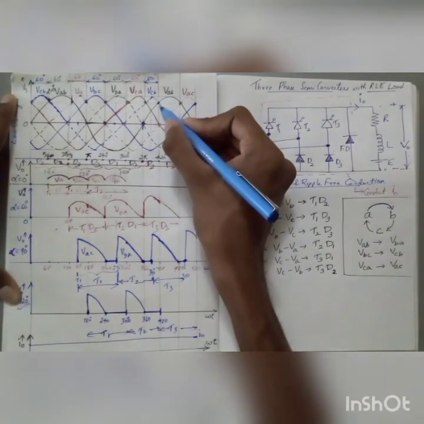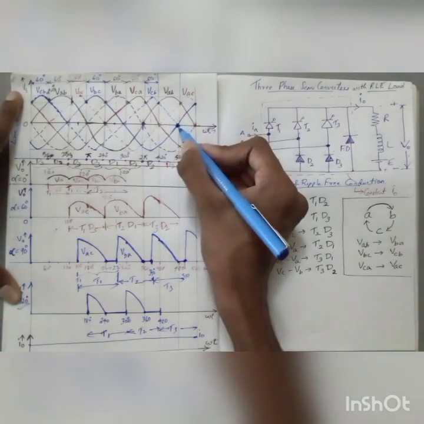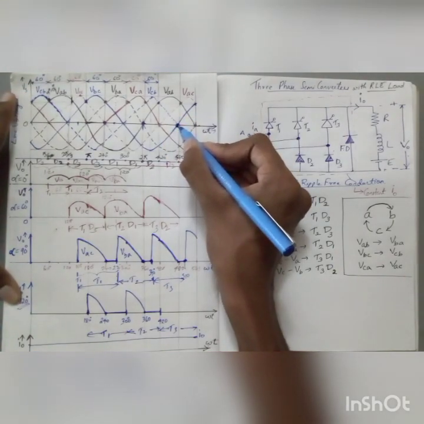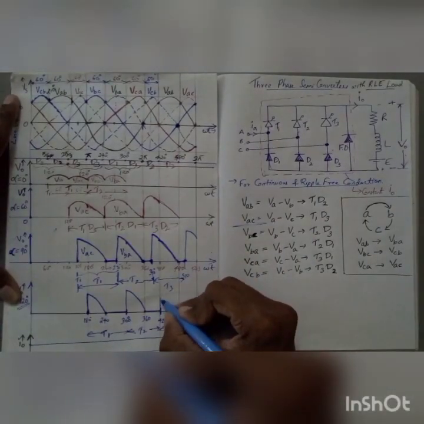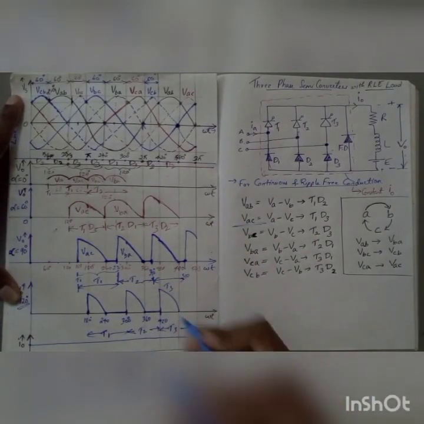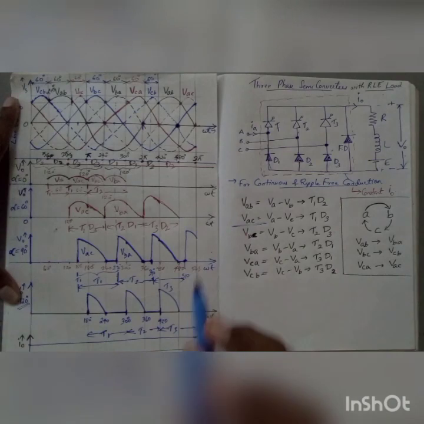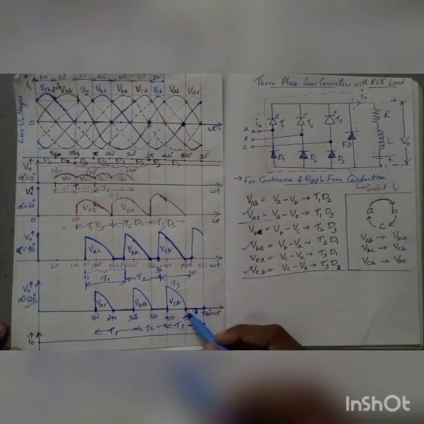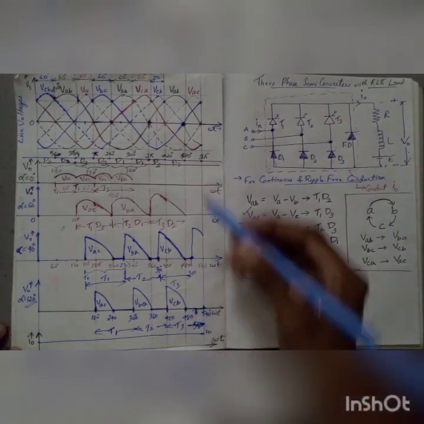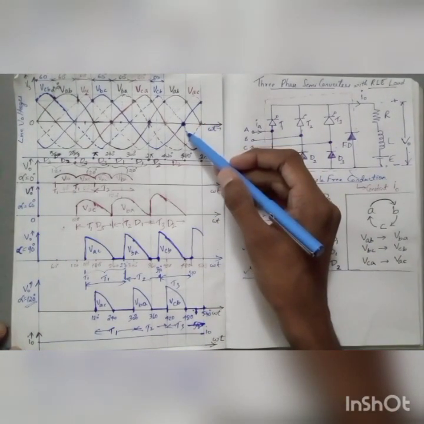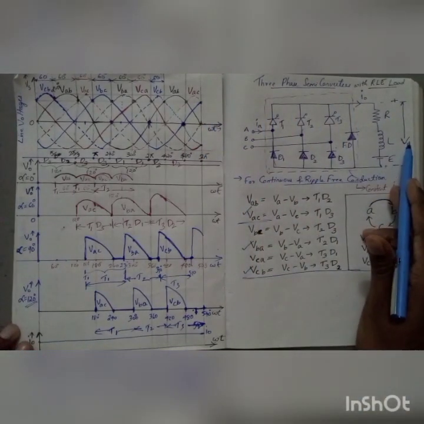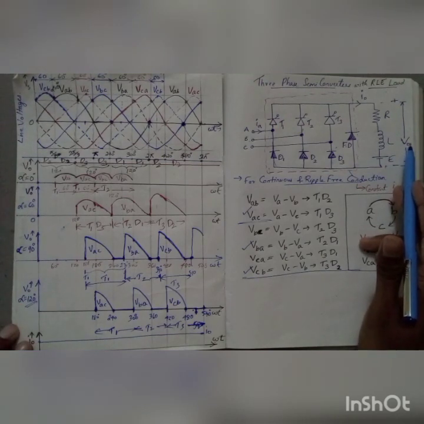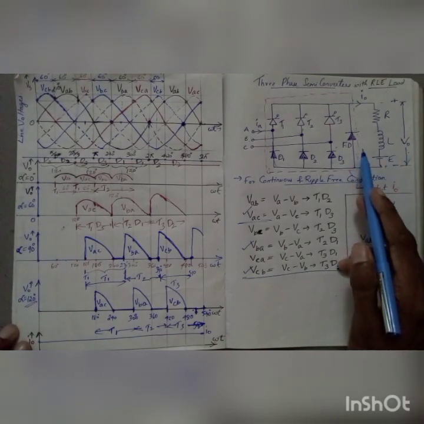So VCB is the voltage that appears across my load at 420 degree onwards. At 420 degree onwards, V0 will take the path of VCB up to 480 degree. After 480 degree, VCB will become negative. When VCB is going to become negative, V0 will have a tendency to become negative because V0 is equal to VCB. But when V0 becomes negative, the freewheeling diode starts conducting.